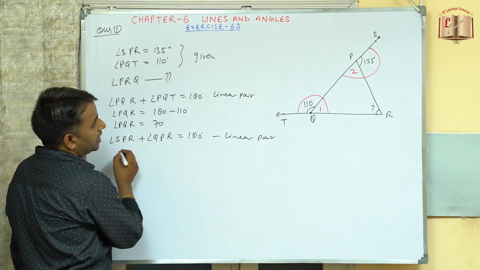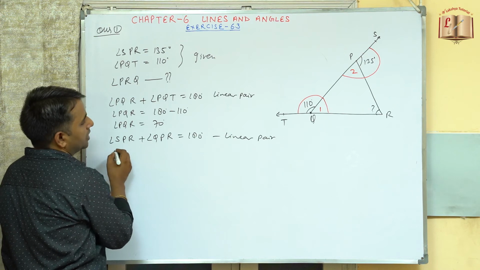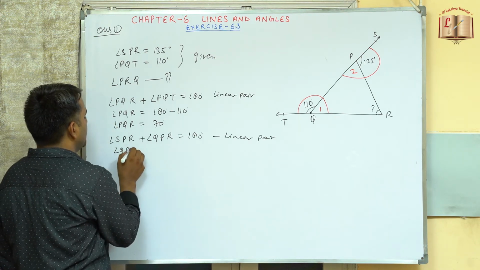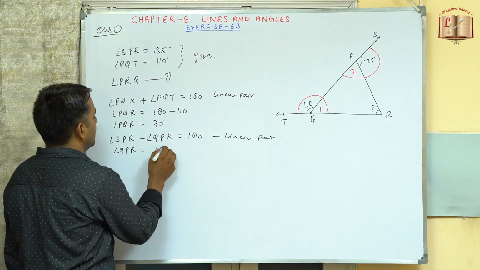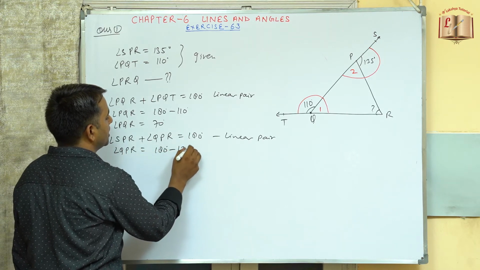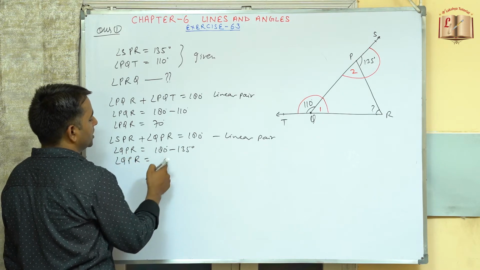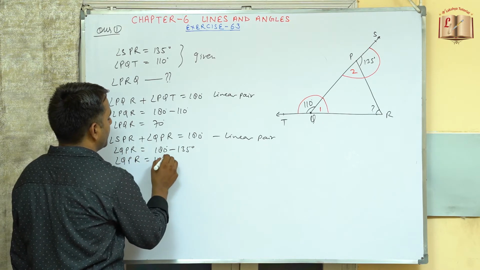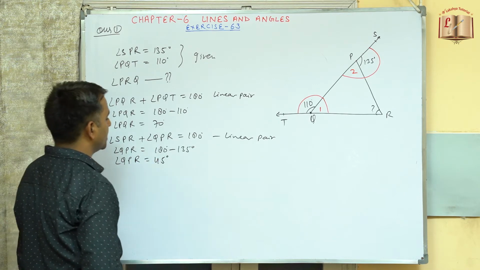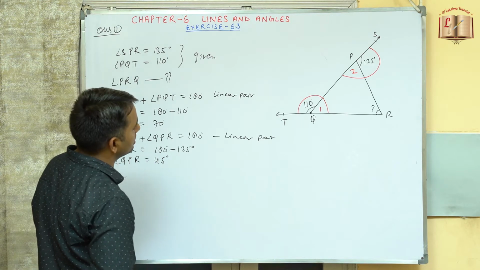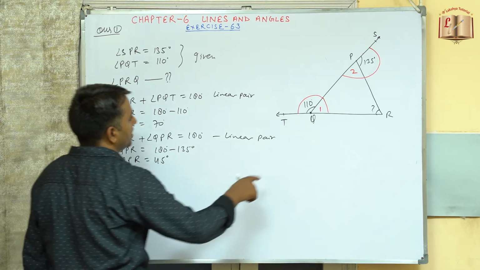So I can find out angle QPR. Angle QPR will be equal to 180 degrees minus 135 degrees, which will be 45 degrees. So we got angle QPR as 45 degrees.